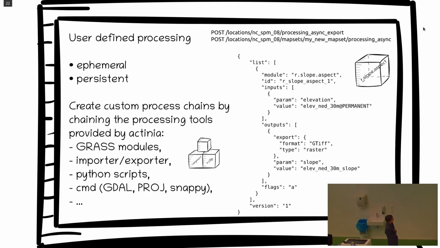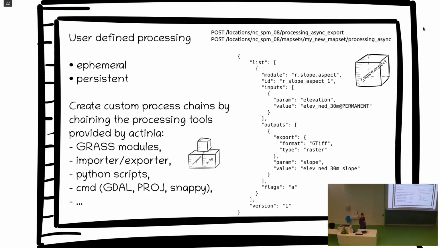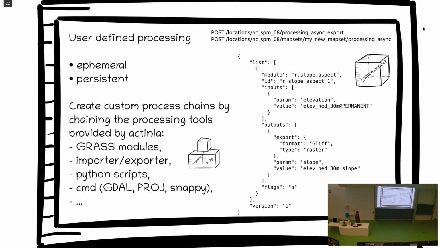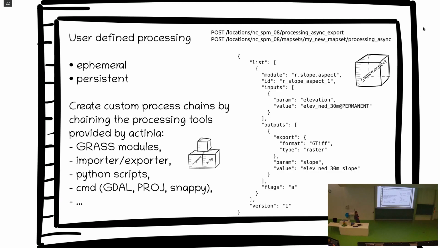Well, so user-defined processing. We do not only want to look at stuff, but we also want to compute something. We send so-called process chains, which are like one command after the other, chained together, stored in this JSON format. And I will show how to generate such lists in an easy way. Then you can combine all the tools you have on the system.